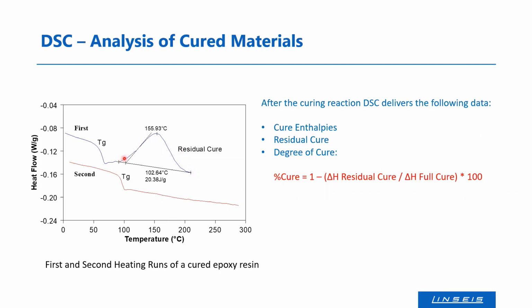So you calculate this enthalpy here of the residual cure divided by the enthalpy of the uncured or of the fully cured material, and then subtract that from 1, which represents 100%, and then you get the percentage of your cure from this DSC run.